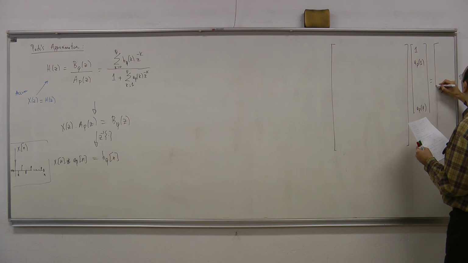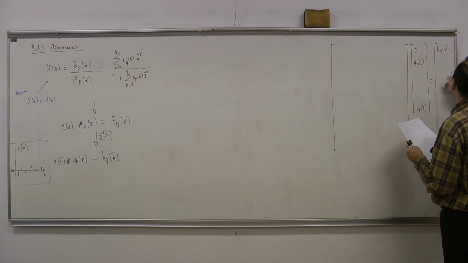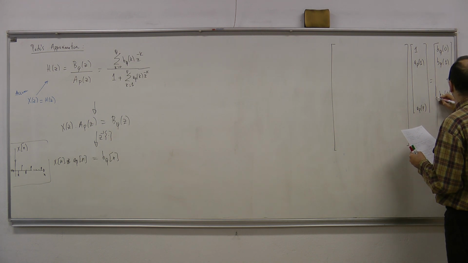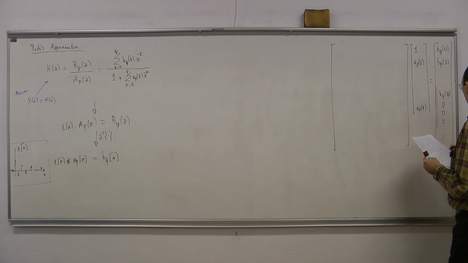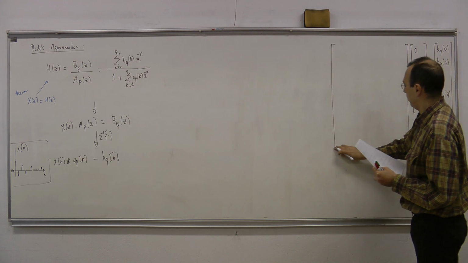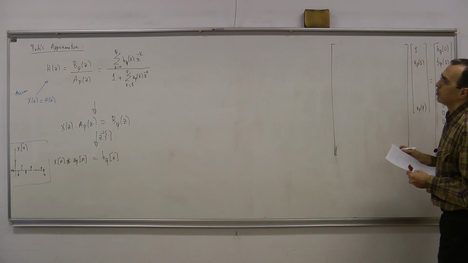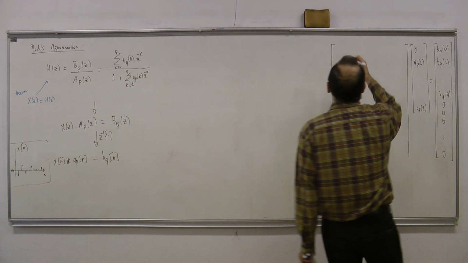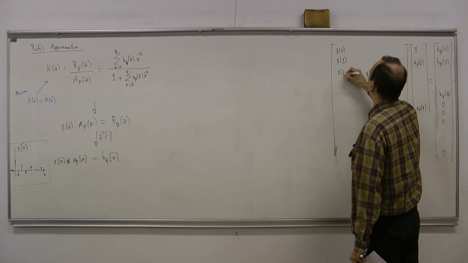Let's have something like, well, this. And so on. Okay, so what is this? X of n convolved with unknown sequence A. Let me write a few lines of this first.